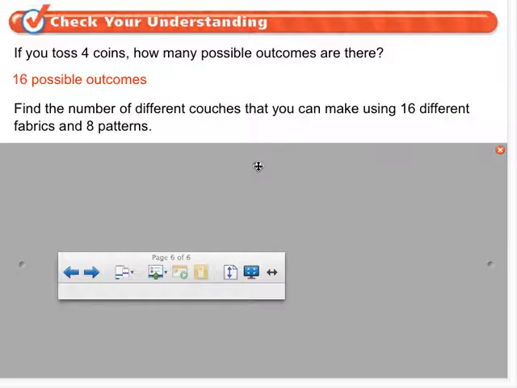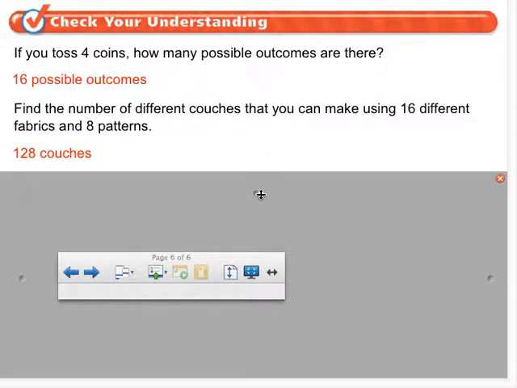What is it? 128 different combinations. Yep. Because you have 16 different fabrics, but then there's 8 different patterns for these fabrics. So every fabric option has 8 different patterns for that fabric. Does that make sense?